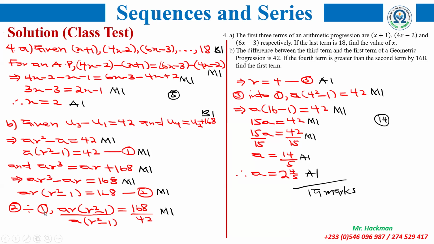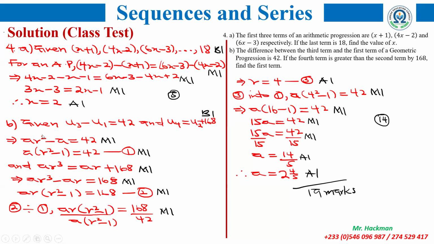We said we are going to divide equation 2 by equation 1. On that note, this is a bigger equation compared to this. If you look at it, this is a quadratic equation, this is a cubic equation. So this polynomial is bigger. Remember, the bigger the degree, the bigger the polynomial.